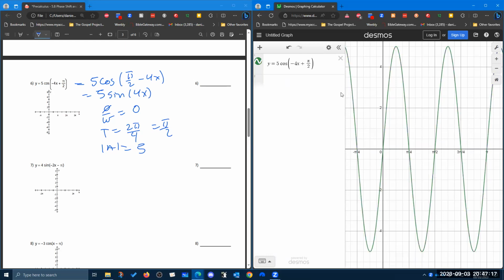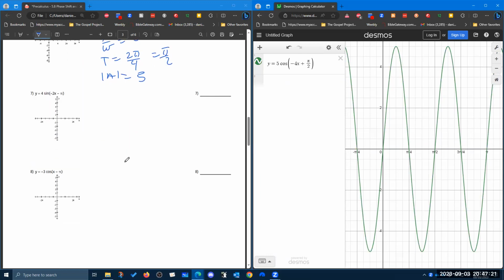Now let's look at the next example here, 4 sine of -2x minus pi. Again, we want to make that omega be positive, so this could be a -4 sine of 2x plus pi. That makes phi over omega -pi over 2.